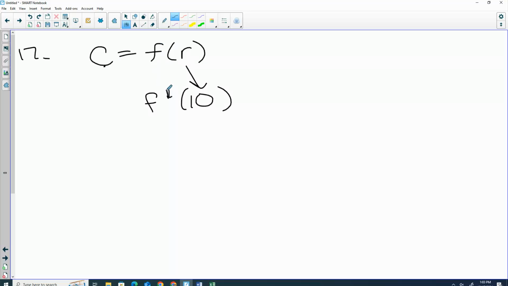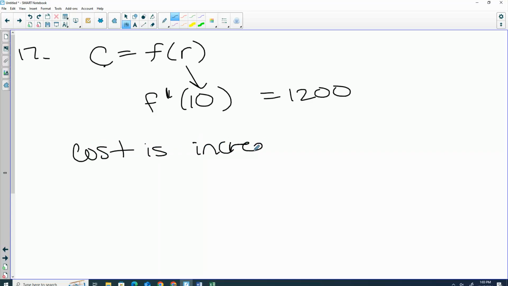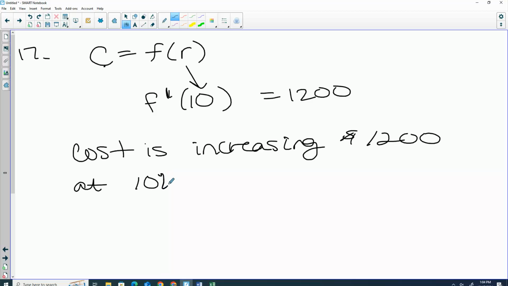Since it's a prime, it's how the cost is changing. I told you it was 1200. Since it's positive, the cost is increasing at $1,200 at 10% interest.